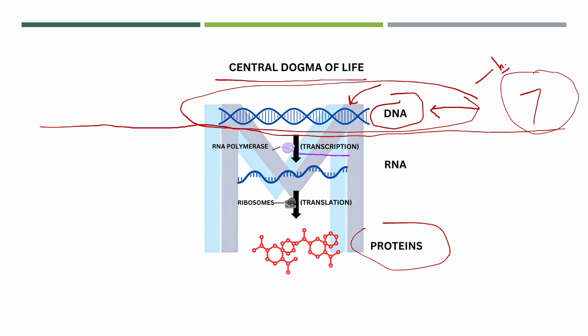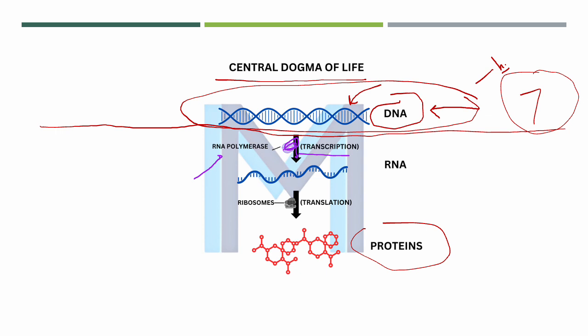All right? After that, RNA polymerase, not DNA polymerase, but RNA polymerase, binds to the promoter, a specific DNA sequence signaling the start of transcription. So it binds to this specific place, and that's the kickoff of transcription.